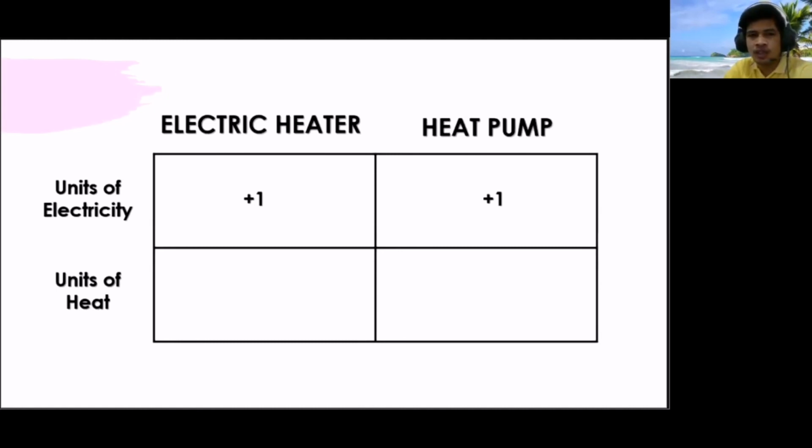But for the units of heat, the electric heater gives +1, but the heat pump becomes +3 here.